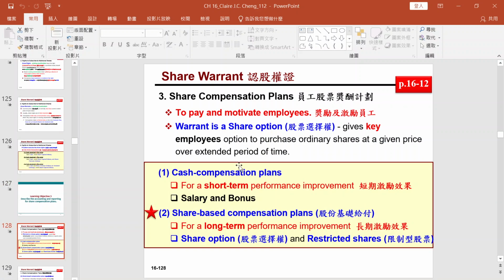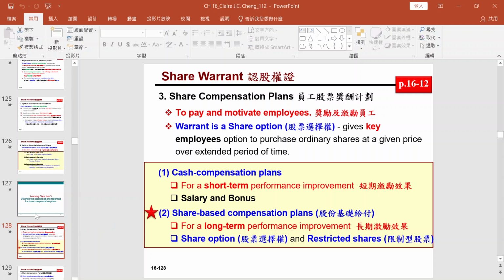Okay? So the third reason is what? Share compensations. 股票奖酬. So we give our employees compensation. Okay, so we want to make our employees work harder, so we give them some benefits, bonus.